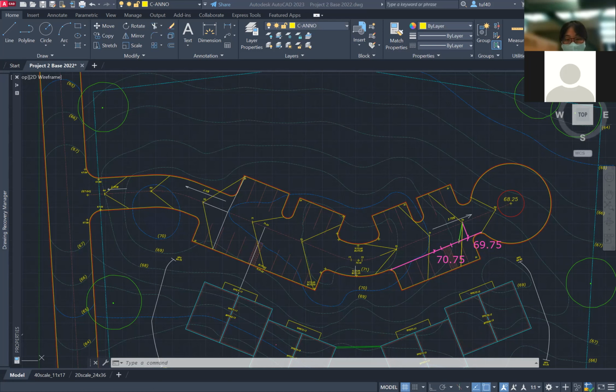If you draw 2 lines like I did, project 2 lines perpendicular to this line, and you divide this by 4 times, these tick marks will be 70, right? Because it's 0.25. If you divide it by 4 times, that's how you connect the 70 there.